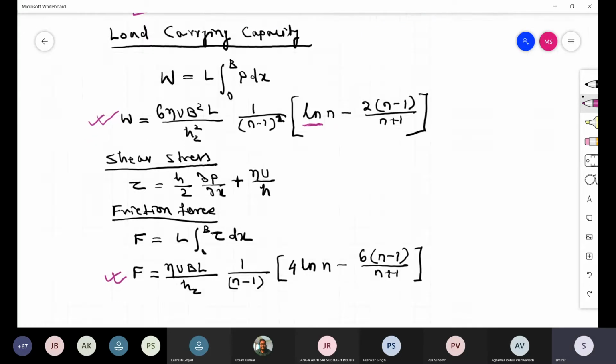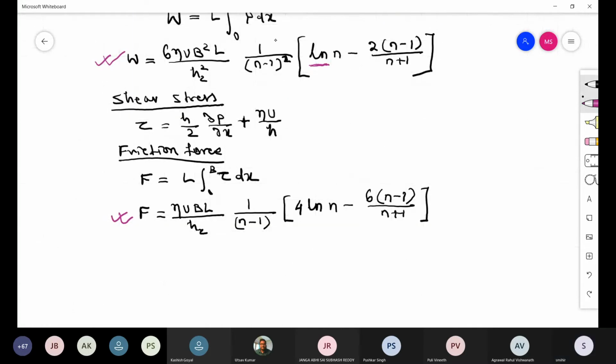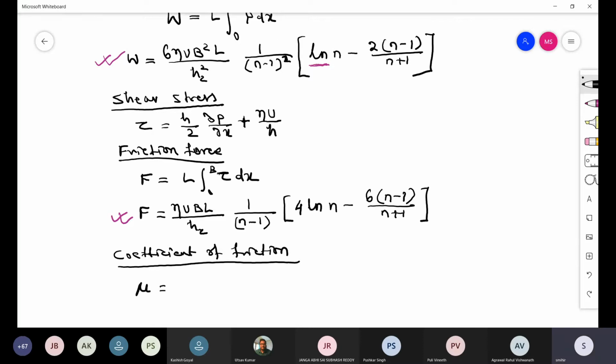Now if you want to find the coefficient of friction, then we'll have mu equal to just F by W, which will give you this.